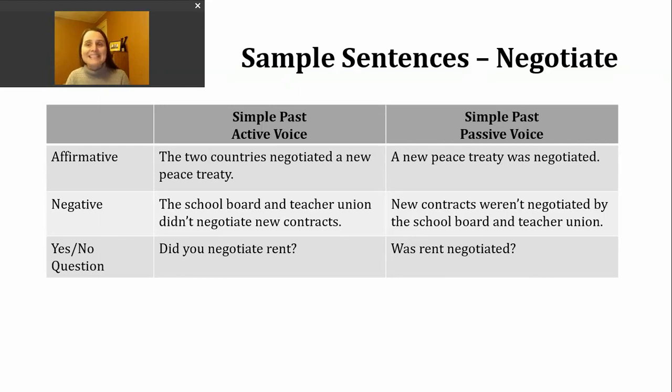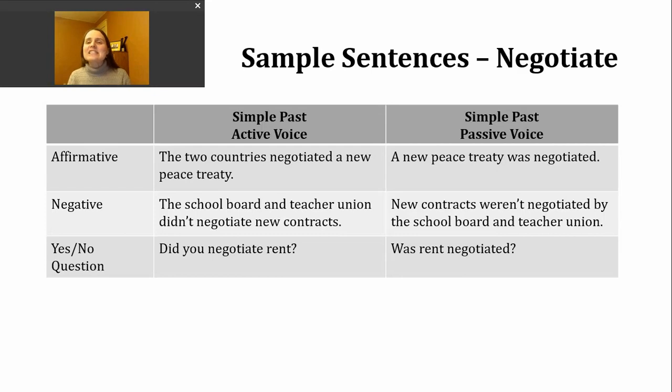So same sentence, but we're moving the object to the front or the beginning of the sentence. New contracts weren't negotiated by the school board and the teacher union. And again, that by is sort of optional, like we looked at in some of our earlier examples.